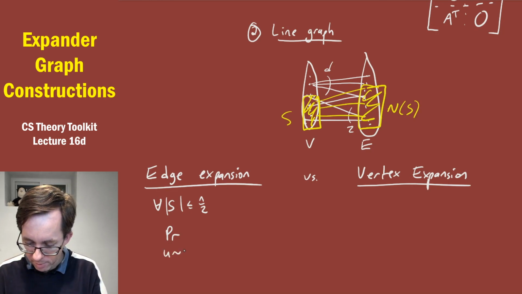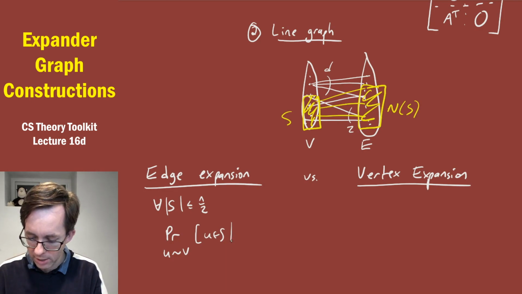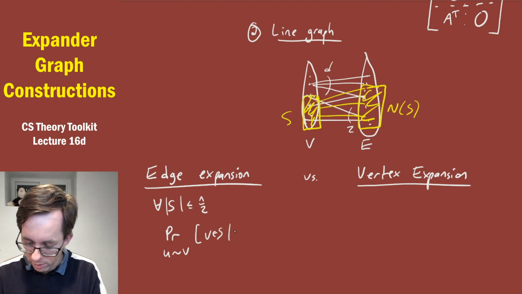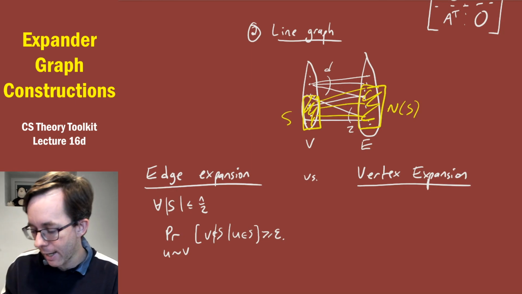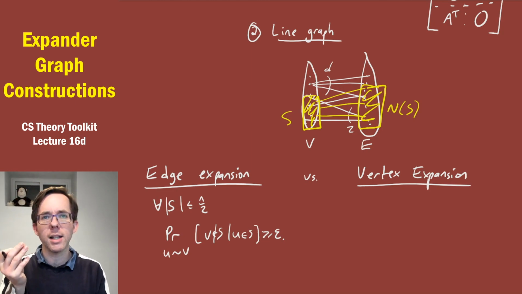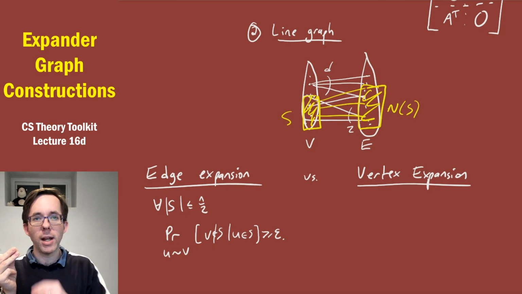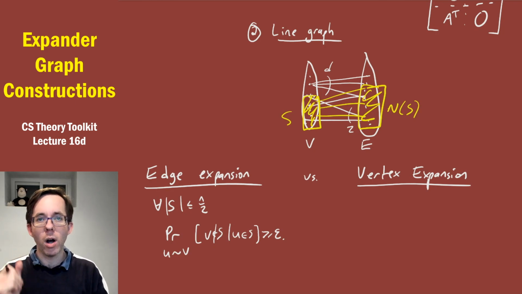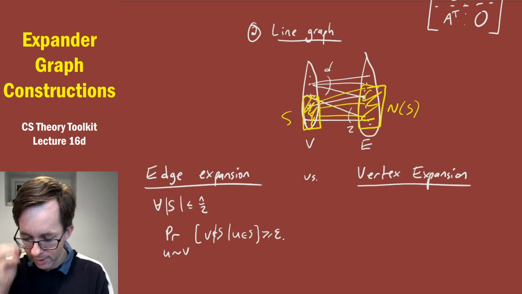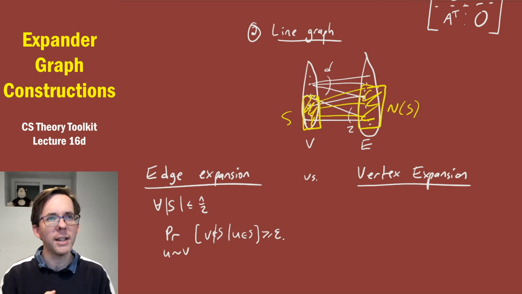Or to put it in a probabilistic way, if you choose a random edge uv, the probability that v is not in S, given that u is in S, is at least epsilon. Another way to put it is, if you pick a uniformly random vertex in the set S and take one step in the random walk, the probability of escaping S is at least epsilon. That's edge expansion.